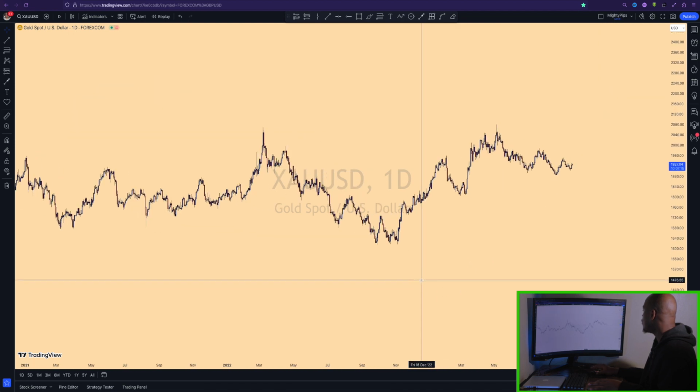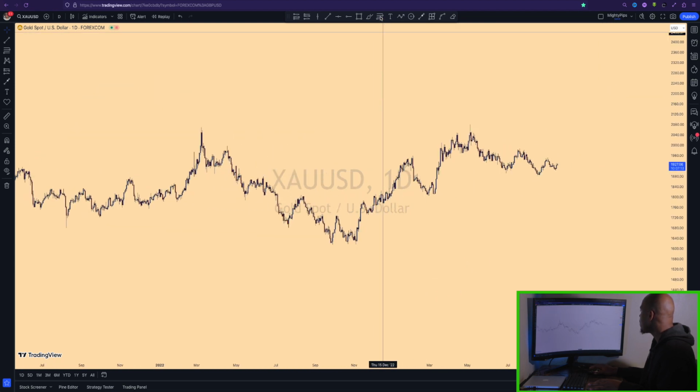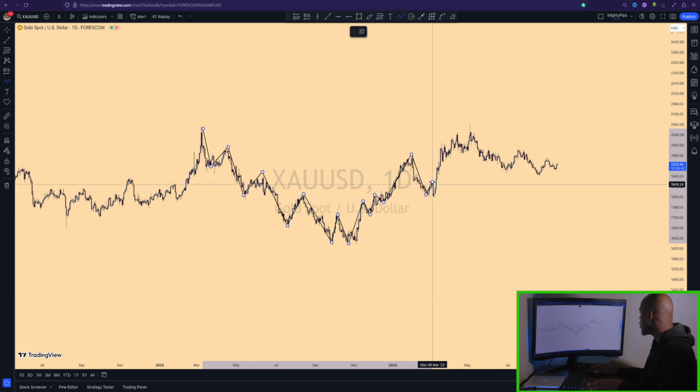So what you can safely say is that it was creating lower high, lower low, lower high, lower low, lower high, lower low, lower high, lower equal low. Then this high was taken out by this high here, creating a new market structure to the upside.